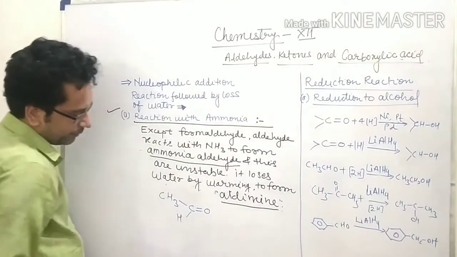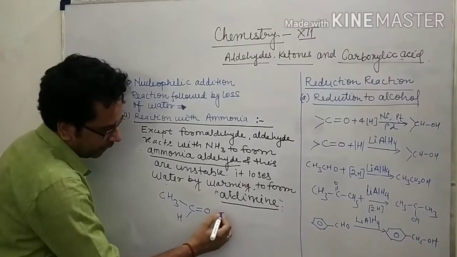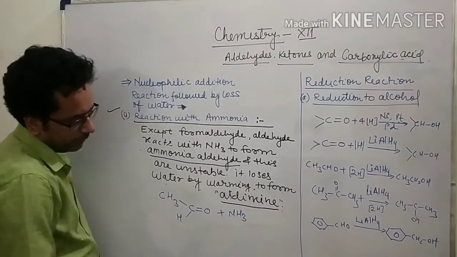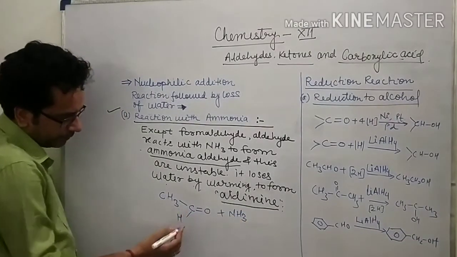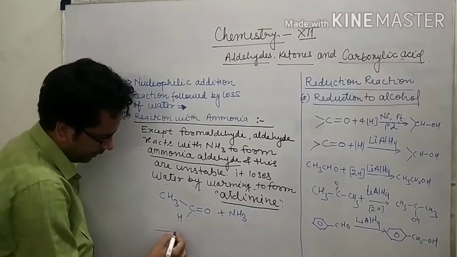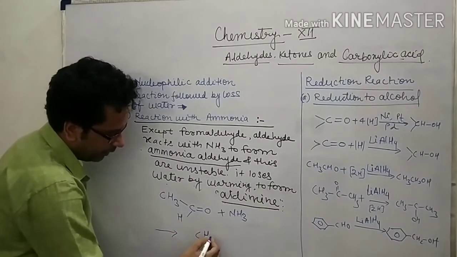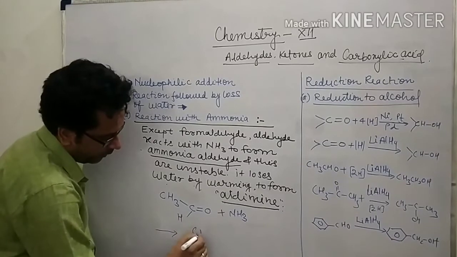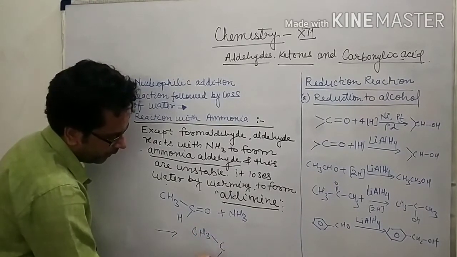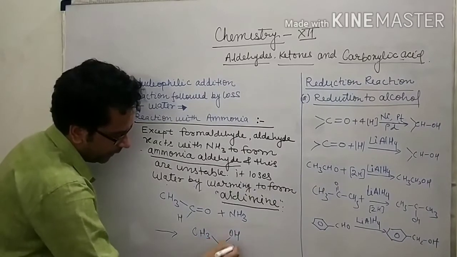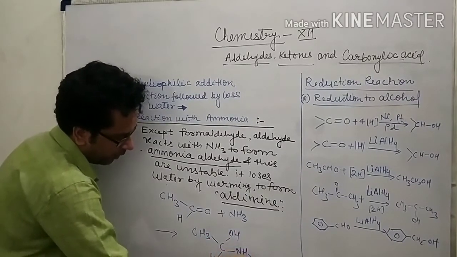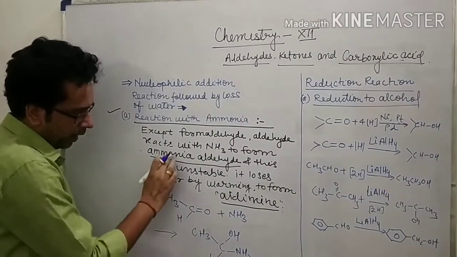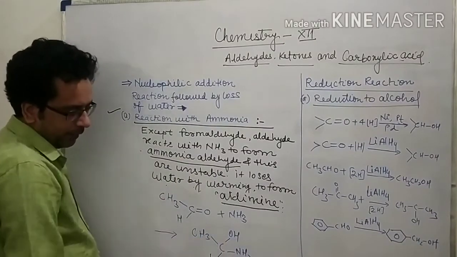Now look here, the compound with the double bond reacts with ammonia, NH3. We get CH3CH(OH)NH2. This is aldehyde ammonia, and it is very unstable.